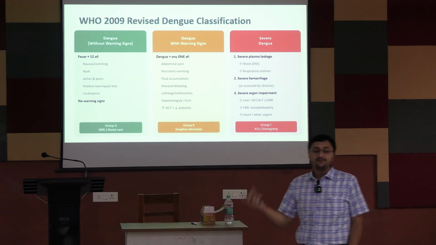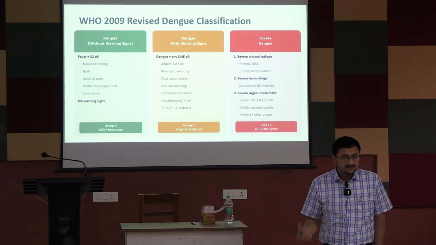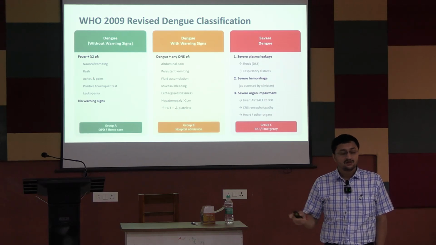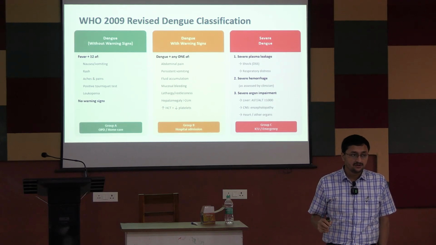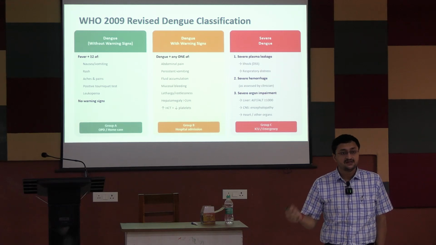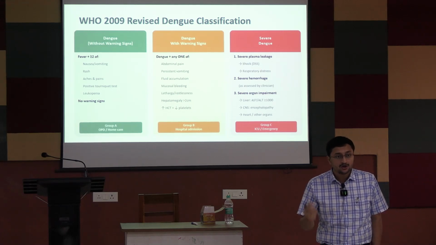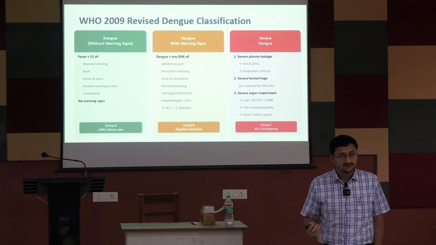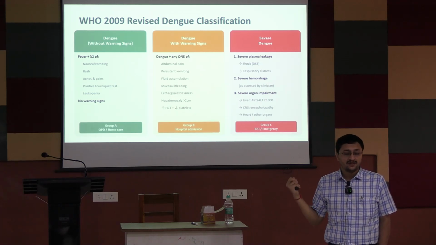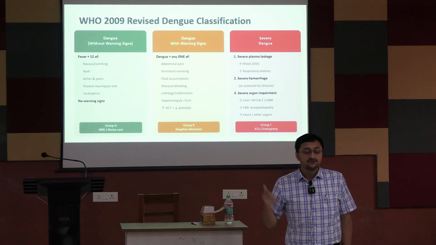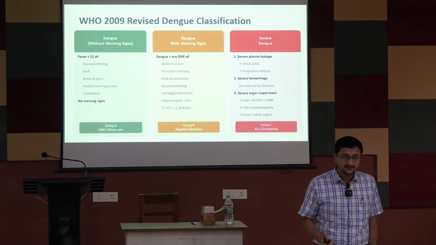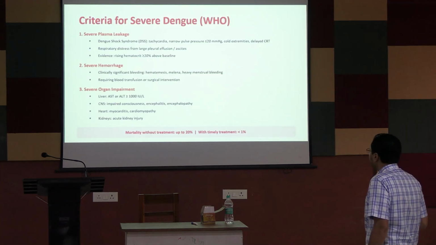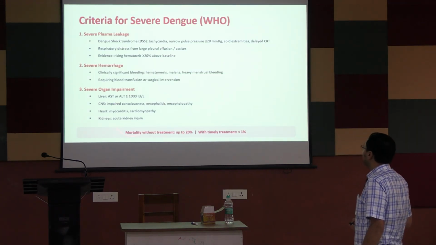That means transaminitis or hepatitis, SGPT, SGOT more than 200, or AKI, acute kidney injury, or CNS manifestation in terms of encephalopathy, or cardiac manifestation in terms of myocarditis, right? So all these things fall into the category of severe dengue. You have to admit this patient in IPD and preferably in an ICU setting. So this is the WHO criteria for severe dengue.